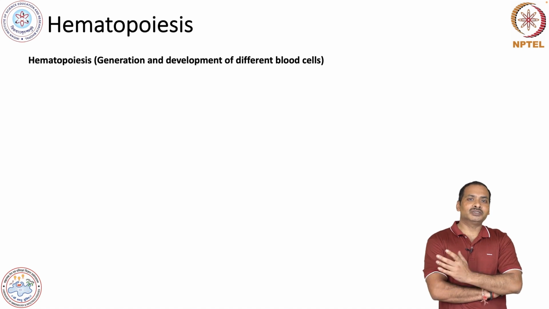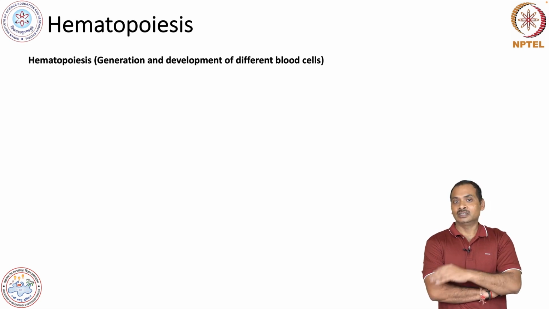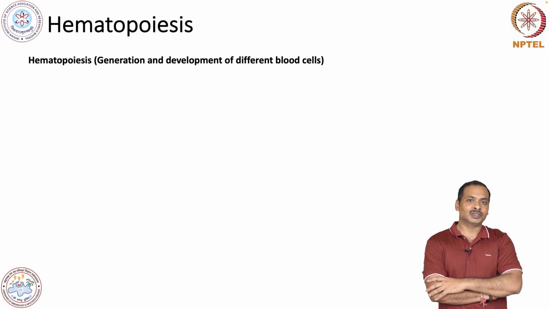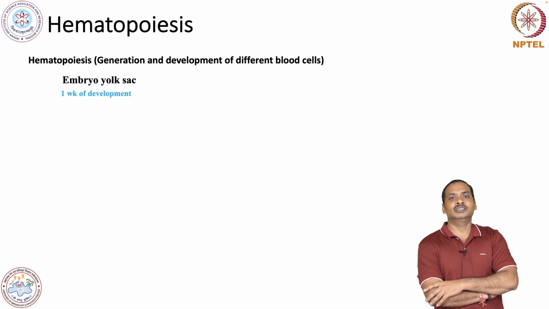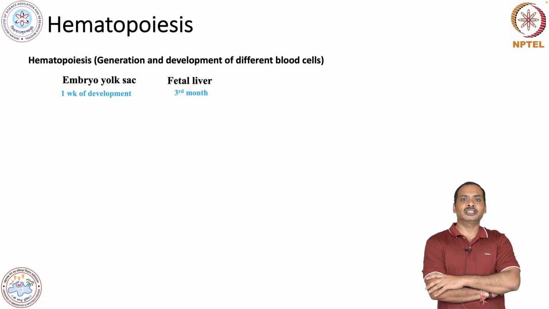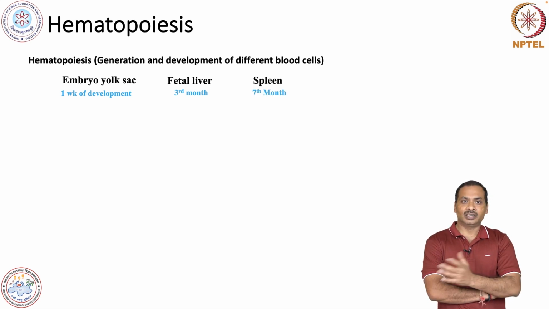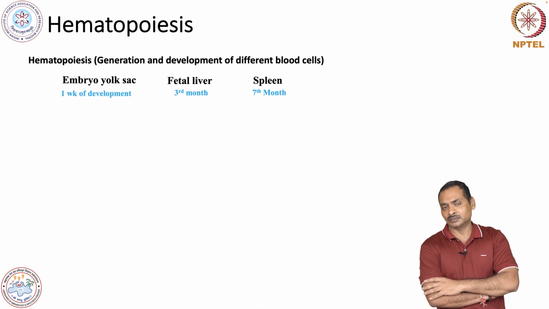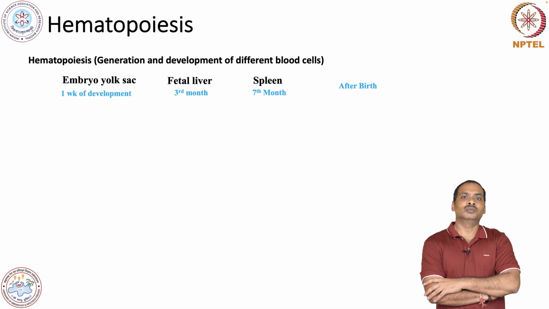If you remember my previous session, I showed you that hematopoiesis starts immediately after a week, basically in the yolk sac, thereafter in the fetal liver, and subsequently in the spleen, and after the birth of the fetus, it is taken over by the bone marrow.